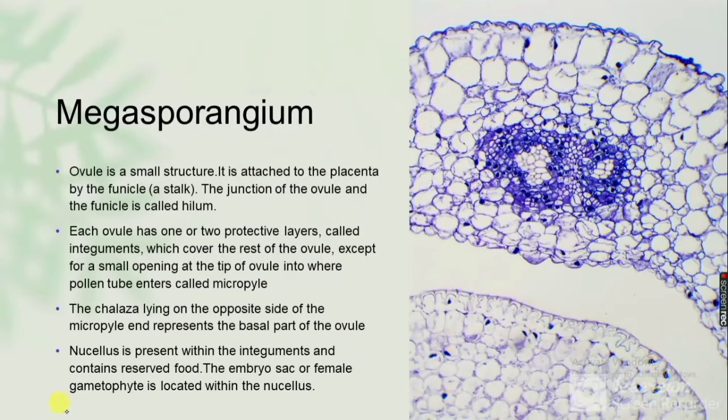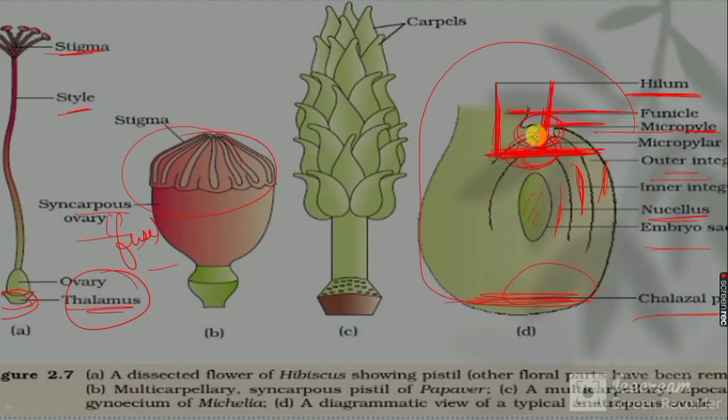Megasporangium. Ovule is a small structure attached to the placenta by a funicle or stalk. The junction where the ovule and funicle meet is known as hilum. Here you can see in the diagram, the funicle and ovule meet at the hilum.